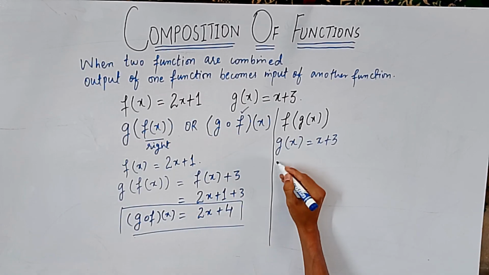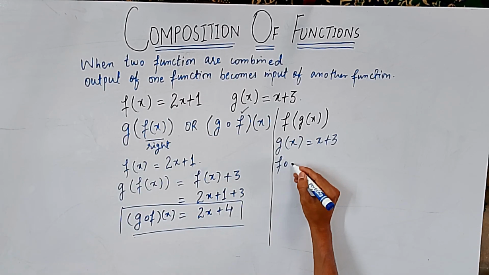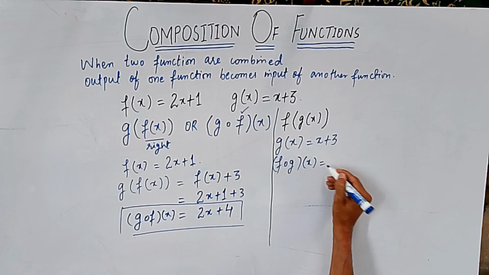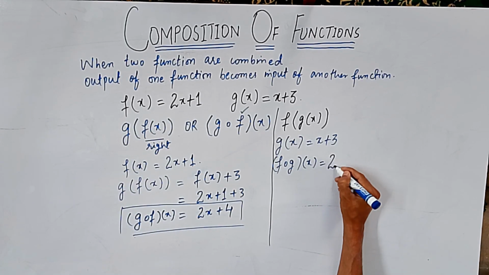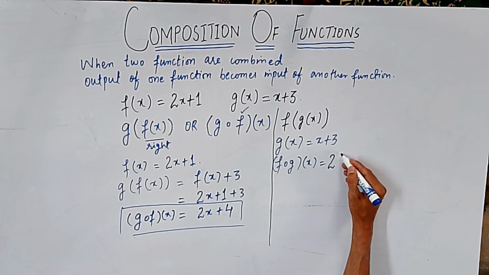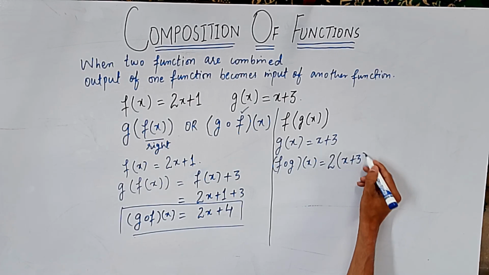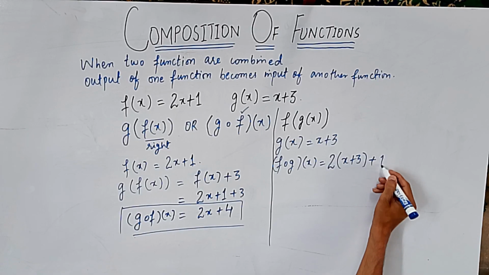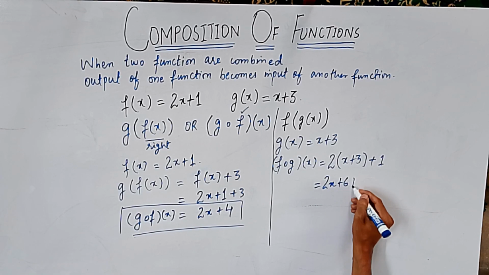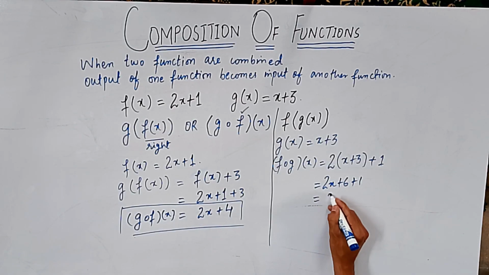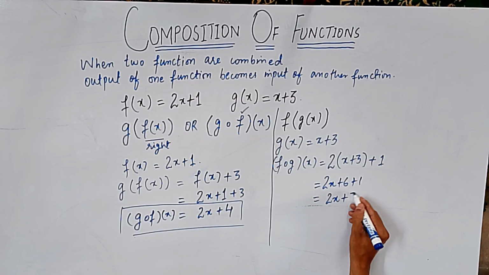Now for fog, you will write what is written over here, 2x plus 1. So 2 will remain as it is. In place of x, you will write x plus 3, which is actually g of x. Now solve it: 2x plus 6 plus 1. So you will get 2x plus 7.